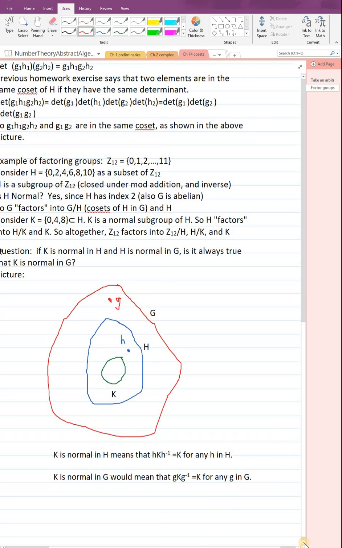The answer is no, because the first only talks about elements in big H. It doesn't say anything about elements in big G that are not in big H. So you can't prove that.